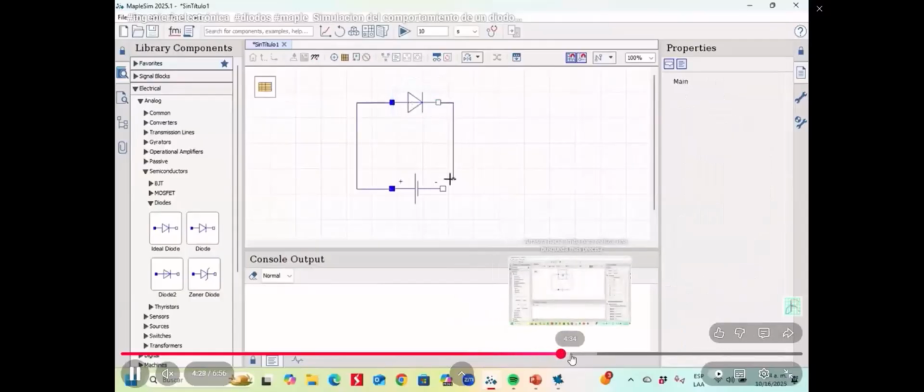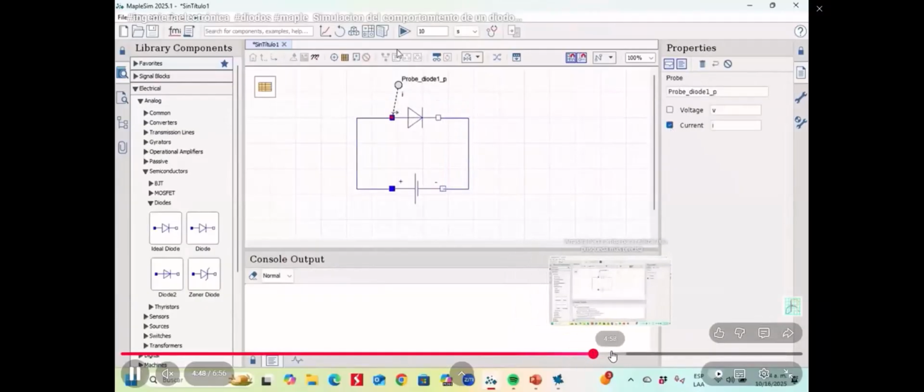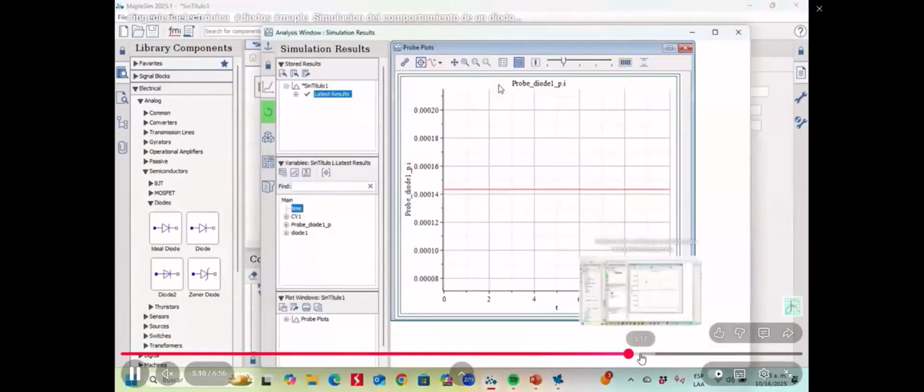In this case it is the same problem I solved with Maple, and I compare the results with the results obtained with Maple.